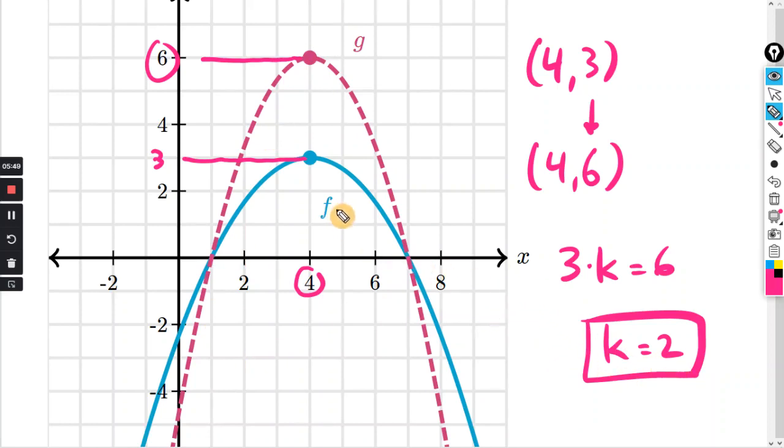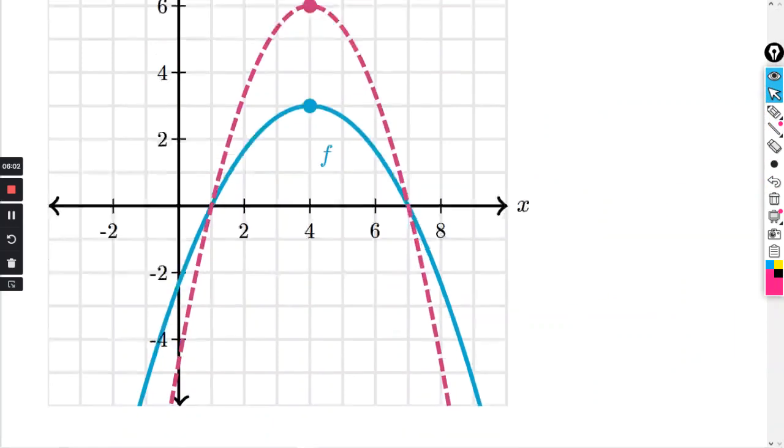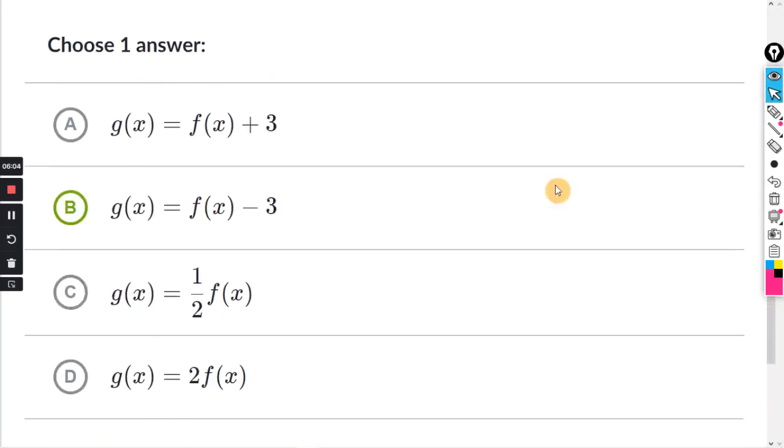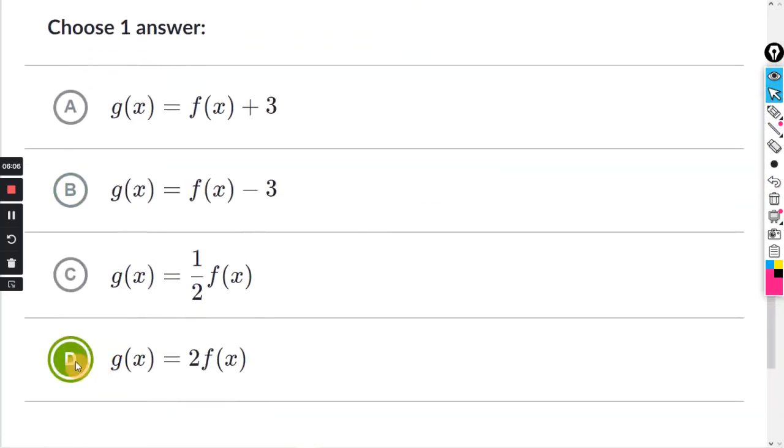So whatever f is, g is just going to be 2 times f. That's the multiple there, 2 times f. The choices will probably say f of x, so if we scroll down, it's just 2 times f of x.